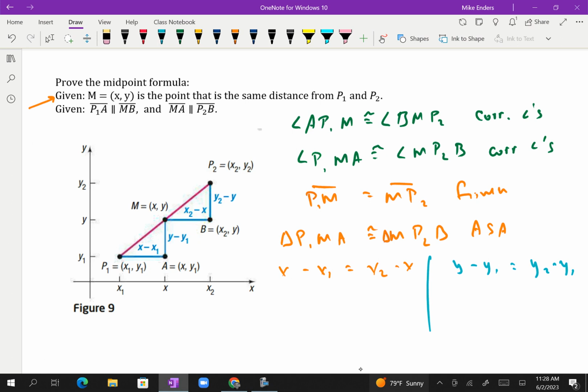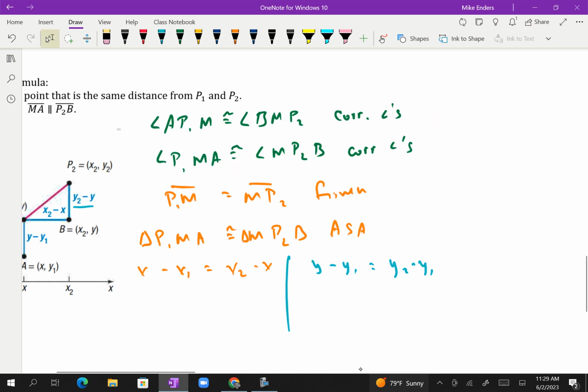You see that these were already labeled in here as well, y2 minus y, y minus y1. And on the other side, we also had x minus x1 and x2 minus x. Those are the lengths of those sides, since we're going horizontal and vertical components. And all of that, if we're listing reasons, is that corresponding parts of congruent triangles are congruent.